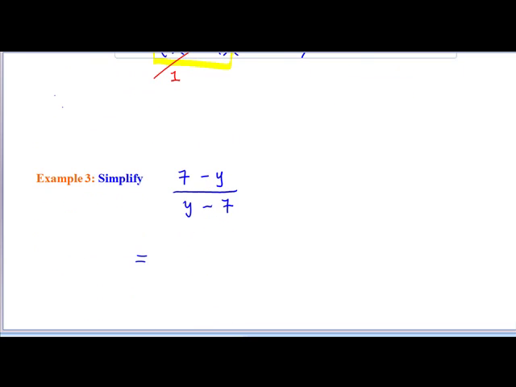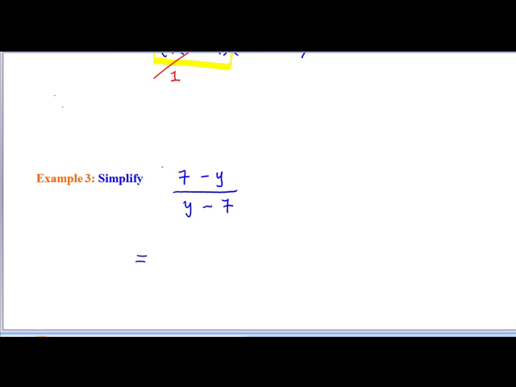Let's try another example. I'm going to simplify this. Now if you look at this problem, you might say they look quite alike, so why do I have to simplify? They look really opposite. The 7 and the y sort of reverse each other. The sign is the opposite.